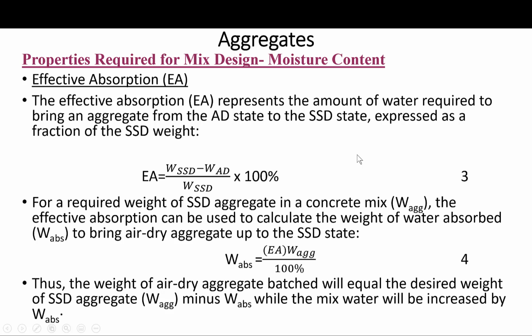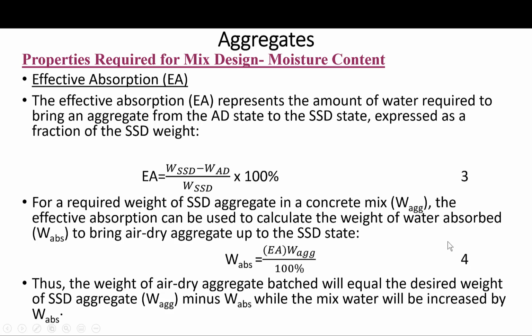For a required weight of SSD aggregate in a concrete mix, let's say, denoted by weight of aggregate, the effective absorption can be used to calculate the weight of the absorbed water, the water absorbed to bring air dry aggregate to the SSD, as you can see in equation number 4.